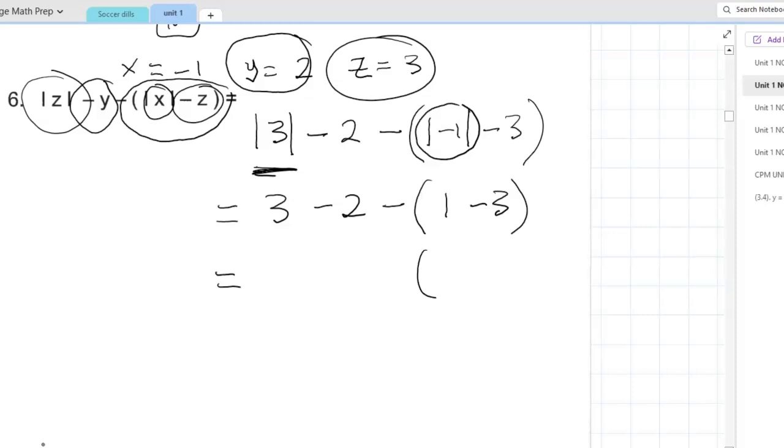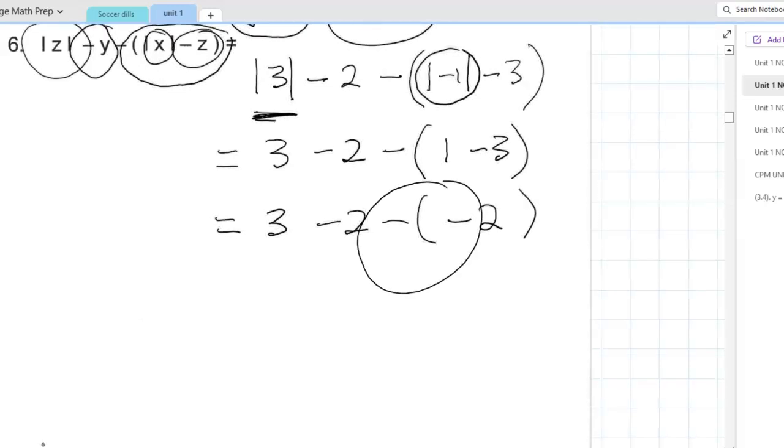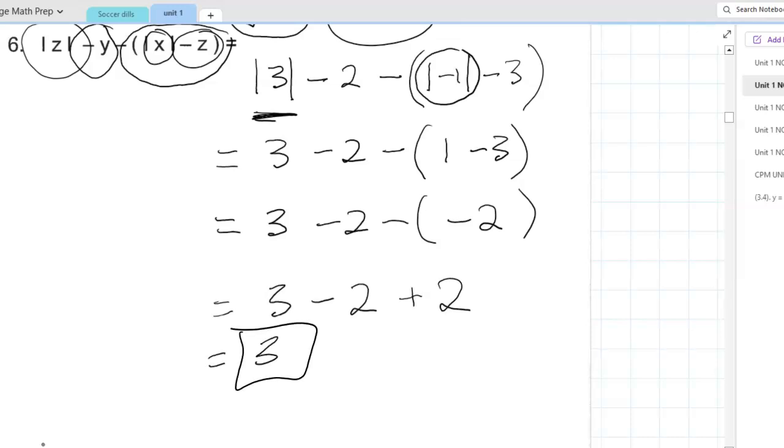So that's going to be 1 minus 3, which is -2. So then we have 3 minus 2 minus -2. And you will recall that when we have two negatives next to each other like this, that we have to turn that into a positive. So that becomes 3 minus 2 plus 2. And that simplifies to 3.